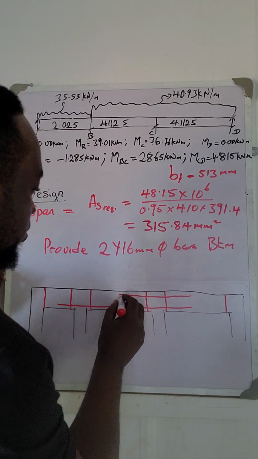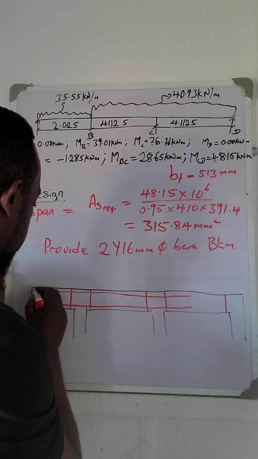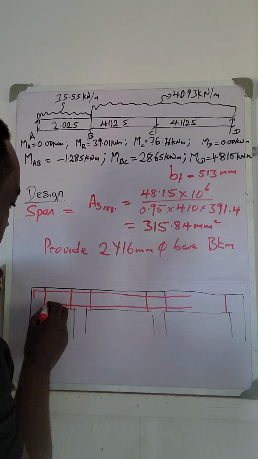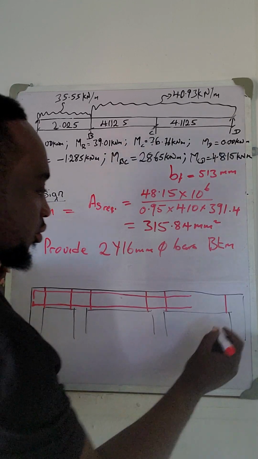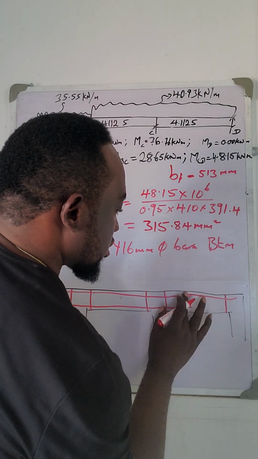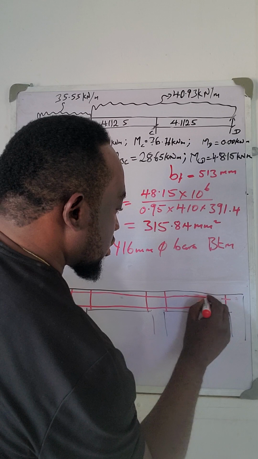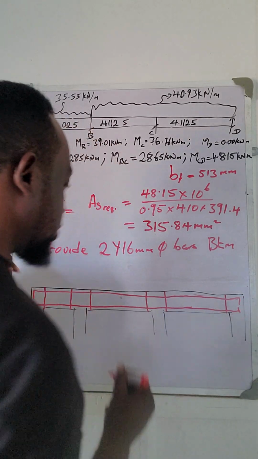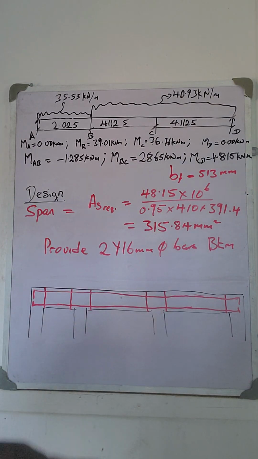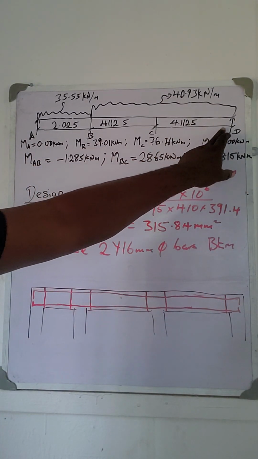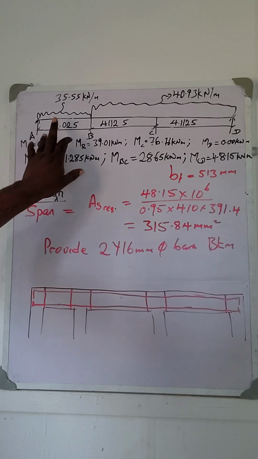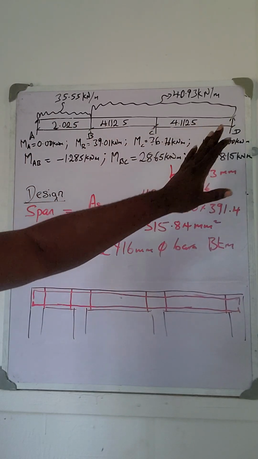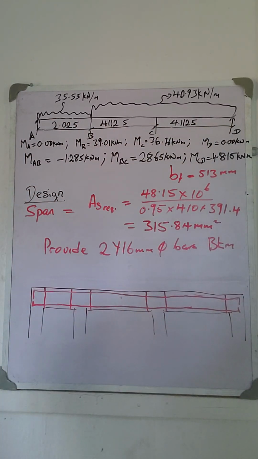So when you want to provide, assuming it goes like this, right? This one goes like this here. Now, assuming the span of the beam is more than 12 meters, you will break it, but this one is less than 12 meters.